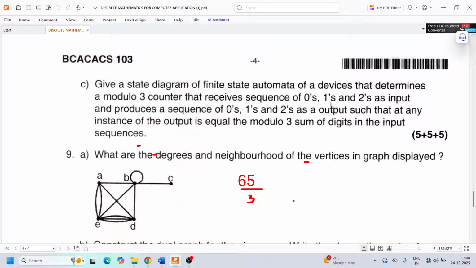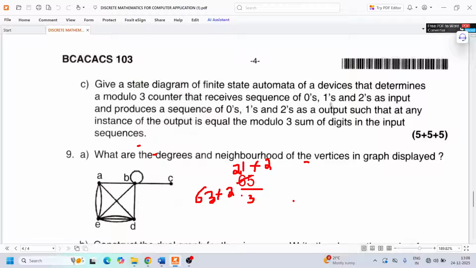It will go 21 times, and the remainder will be 2. This is 63, plus 2 is 65, so the remainder will be 2.